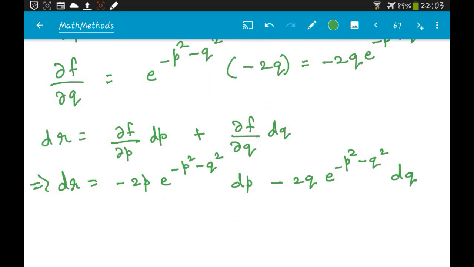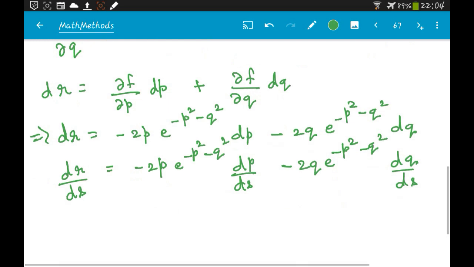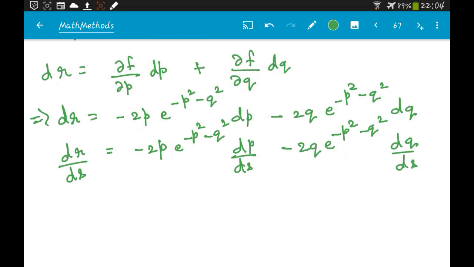Now what we want is dr/ds. So all we have to do is, this part remains the same and we do dp/ds, and here again this part remains the same and we do dq/ds. So now we have to find these two terms.